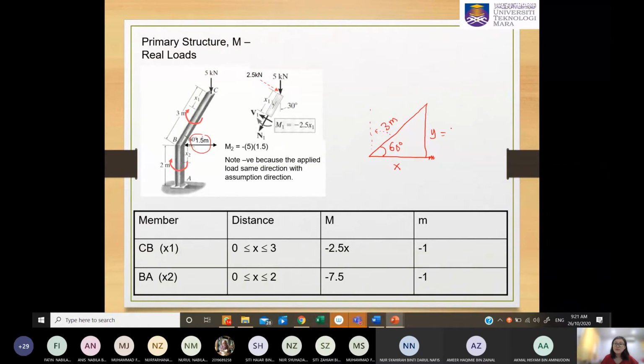When you resolve it vertically, just like your forces, you use 3 sine 60. To make it horizontally, where you are putting it close to your angle, you use 3 cos 60. So that is why you get 1.5 here. Let me check. 3 cos 60.